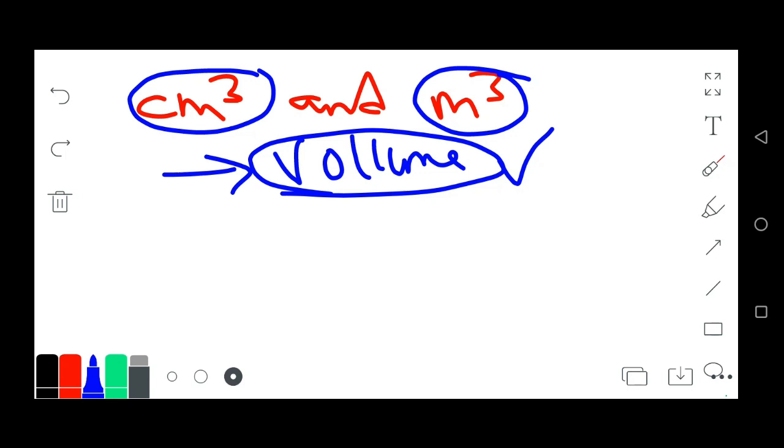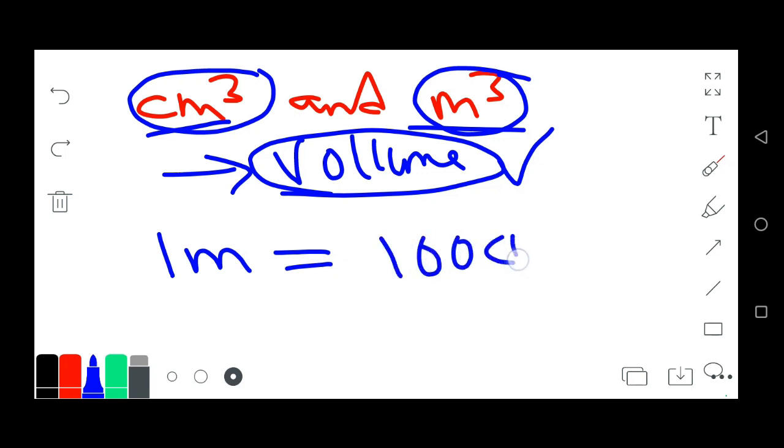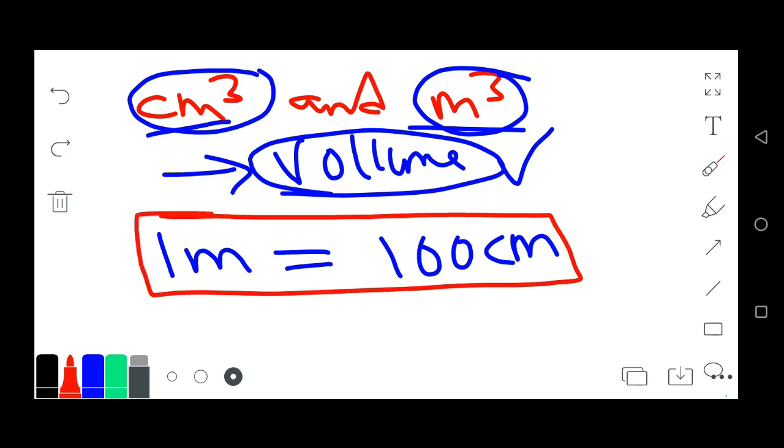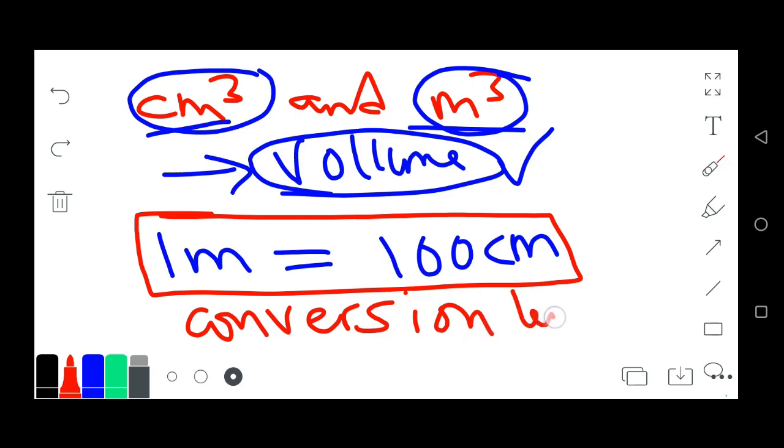Now what is the relationship between centimeter and meters? First of all, let's just start from the length perspective. We know that 1 meter is equal to 100 centimeters. So this is what we call the conversion unit. The conversion unit between a meter and a centimeter is this.